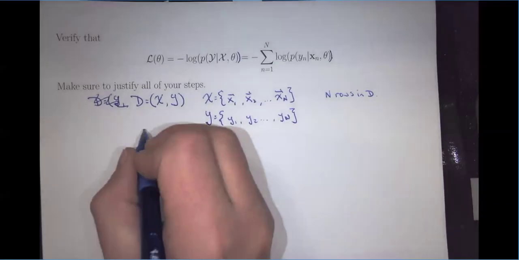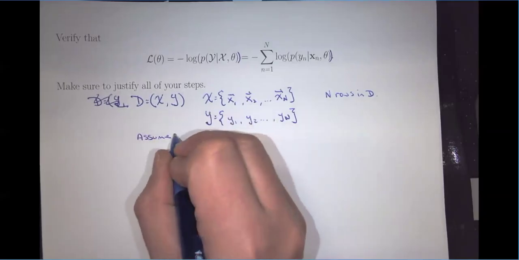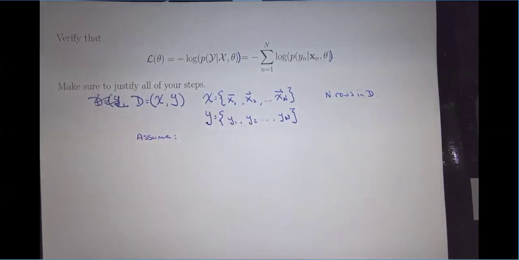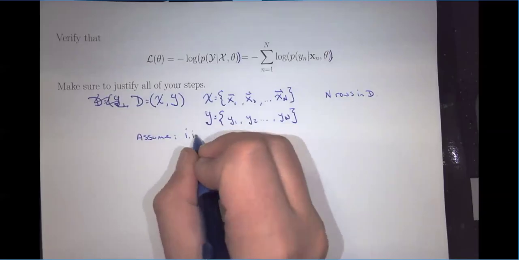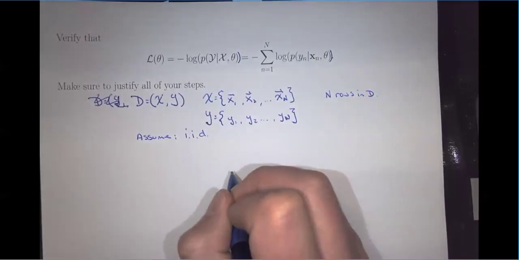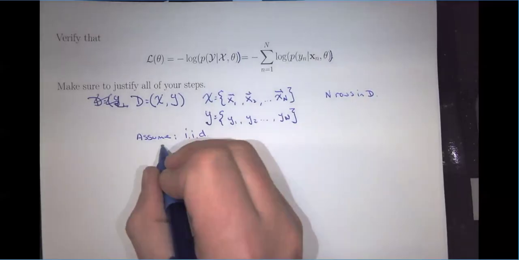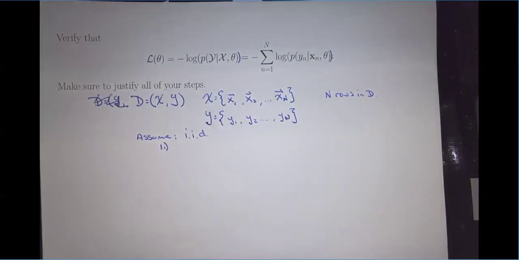Now we want to assume here, and this is a pretty common assumption, that we have conditional independence. So observations are independent and identically distributed. Okay, so this means a couple of things. This means first that each of the outputs Yn is conditionally independent given their inputs and the parameters.